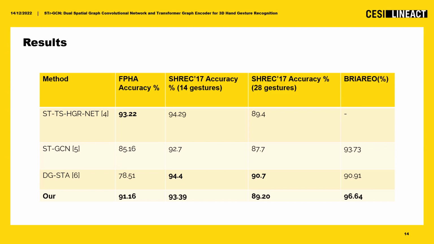On the Briareo dataset in particular, where the gestures are performed by different subjects, up to 40 of them, we achieved about 96% accuracy, outperforming other state-of-the-art methods. This demonstrates the intra-class robustness of our method and its capacity to recognize the action while ignoring subject-related features.